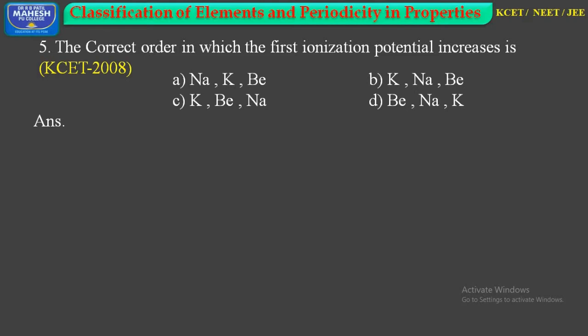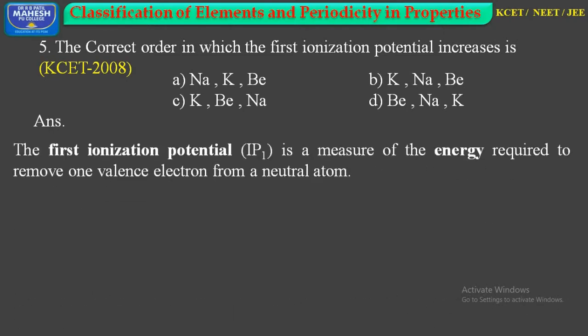It is a measure of the energy required for the removal of one electron from a neutral atom. So from a neutral atom, if you want to remove one electron from the valence shell, the amount of energy required for that removal of one electron is nothing but first ionization potential or energy.